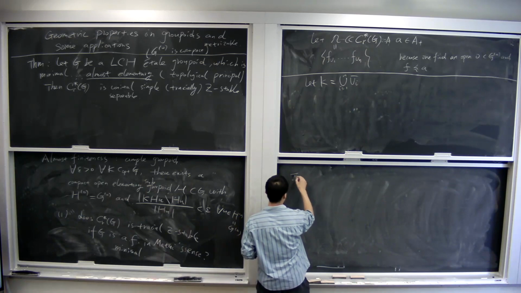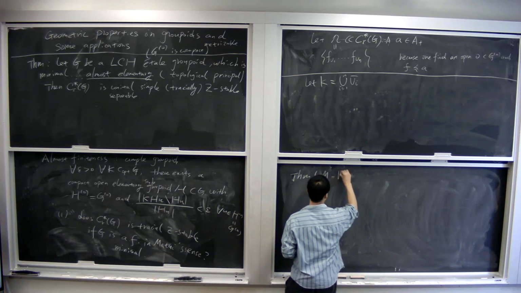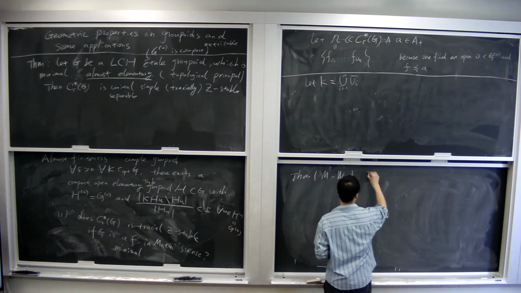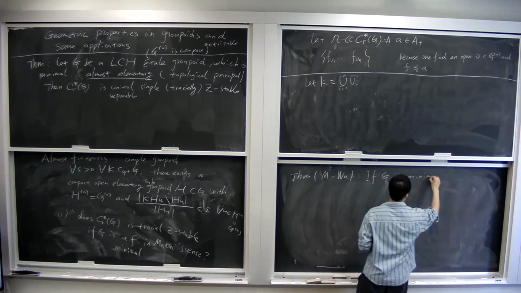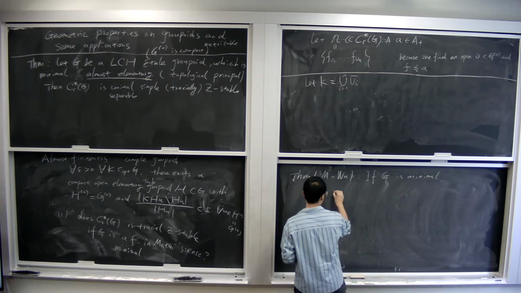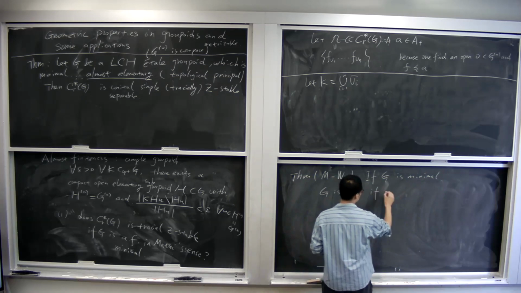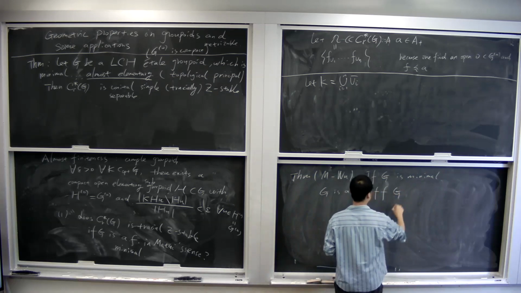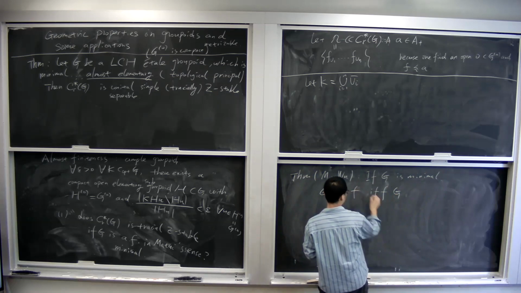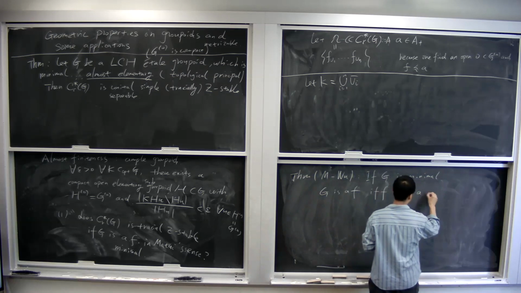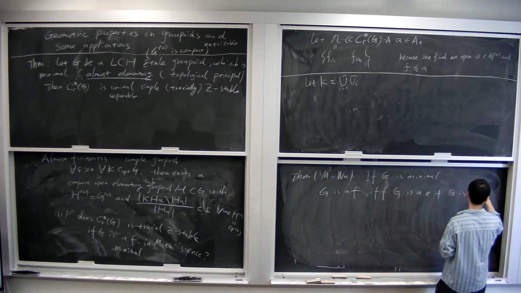So the theorem, also by me and Jianchao: if G is minimal, then G is almost finite, if and only if G is almost elementary plus G is fiber-wise amenable.